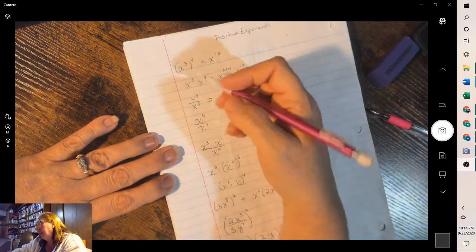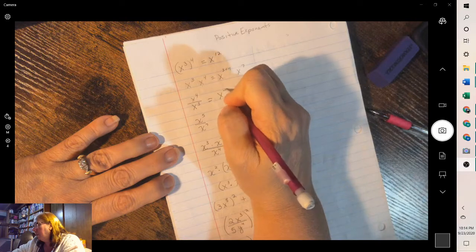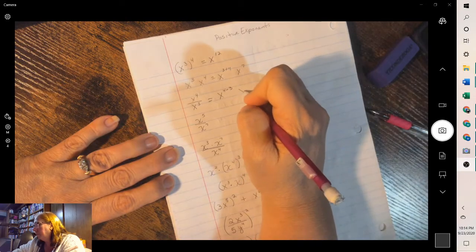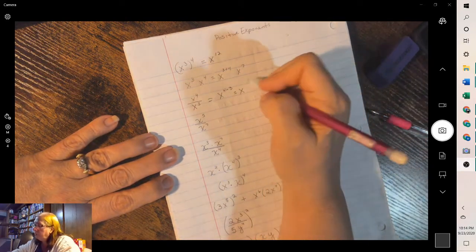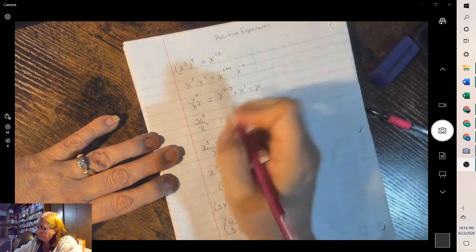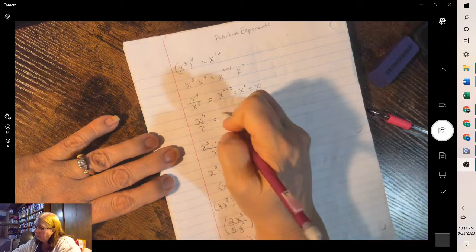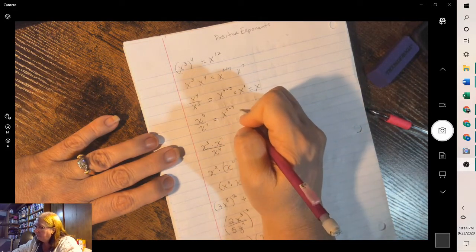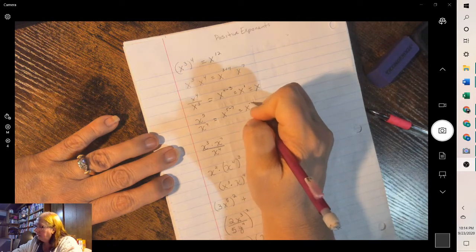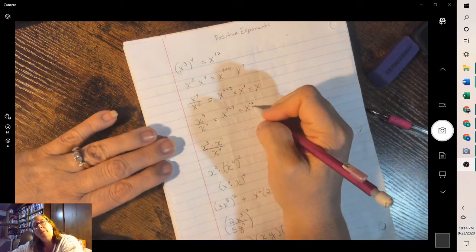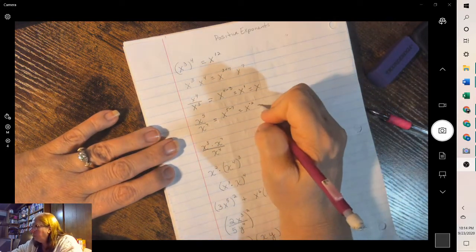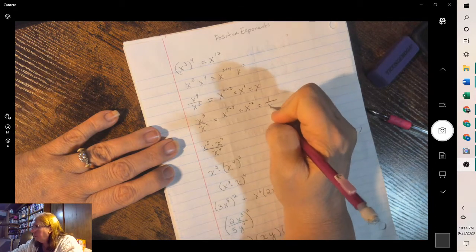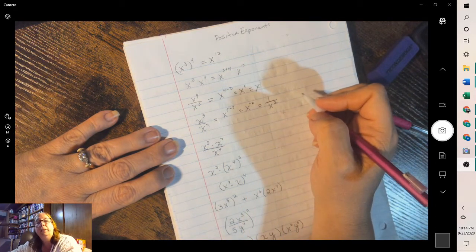When we're dividing, you subtract top minus bottom. So it would be x to the 1st. When it's a 1, you don't have to show it. This one, top minus bottom, 5 minus 7 is x to the -2. You shouldn't keep negative exponents, so we need to move it to the denominator, 1 over x squared.